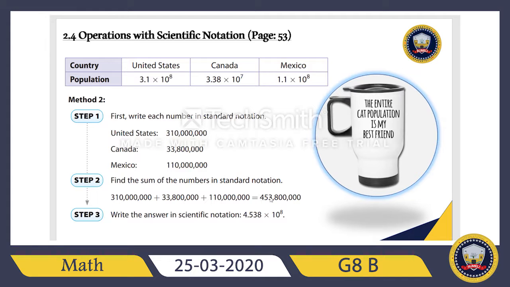I want to make a number that is between 1 and 10, which is 4.538. So my decimal point should be here. Now the power of 10 will be 8. So the total population of these 3 countries in scientific notation is 4.538 times 10 to the power of 8. That is the second method. All right.